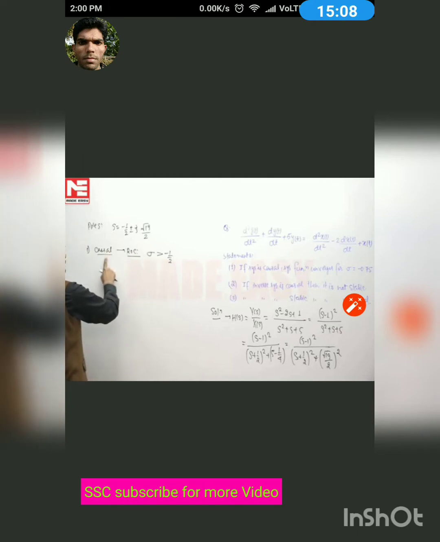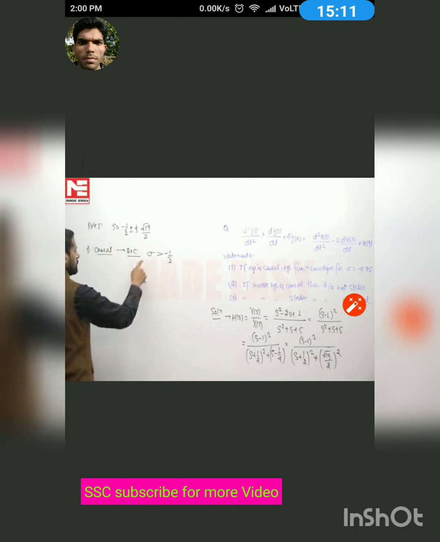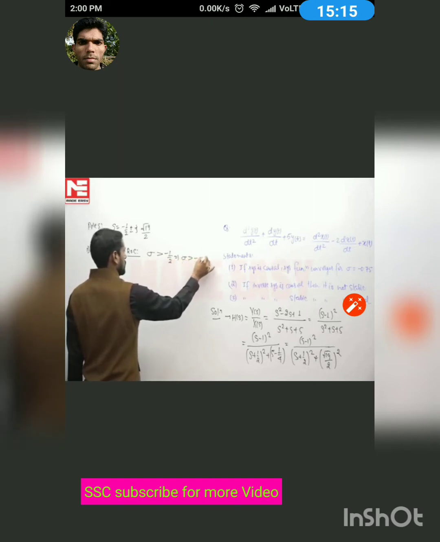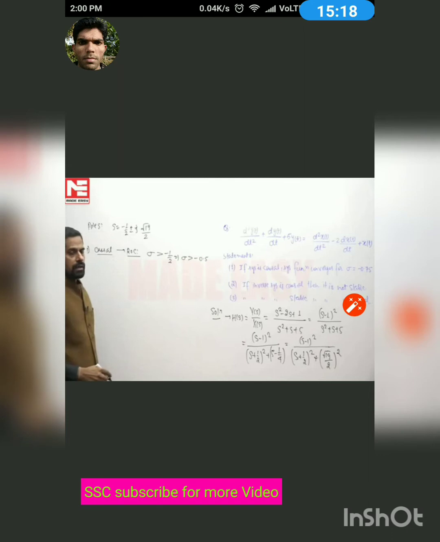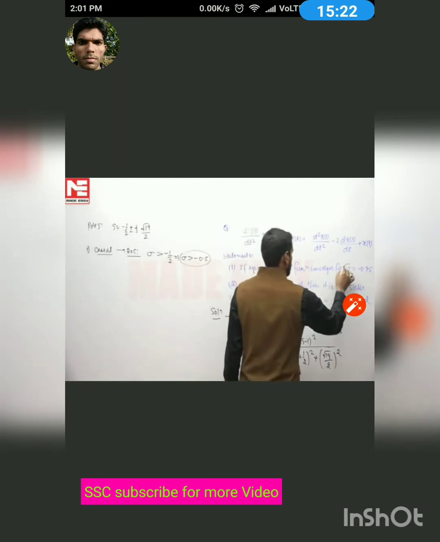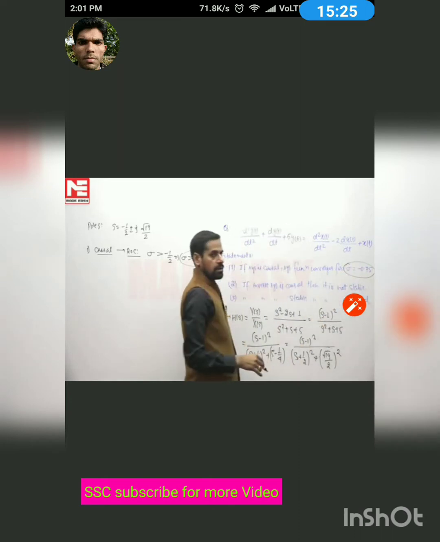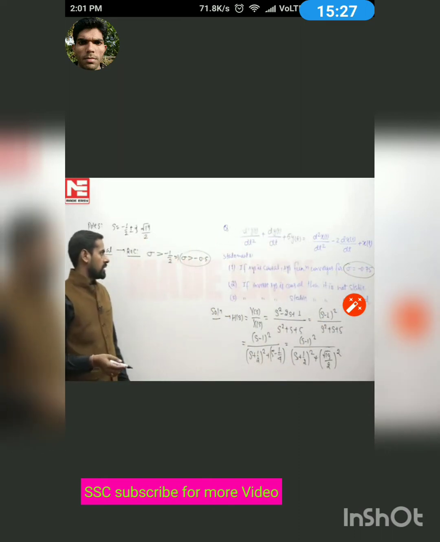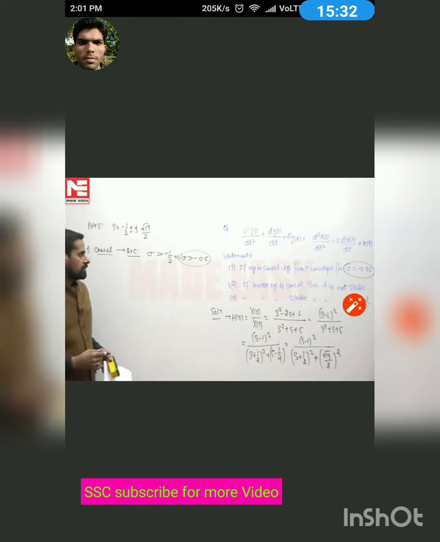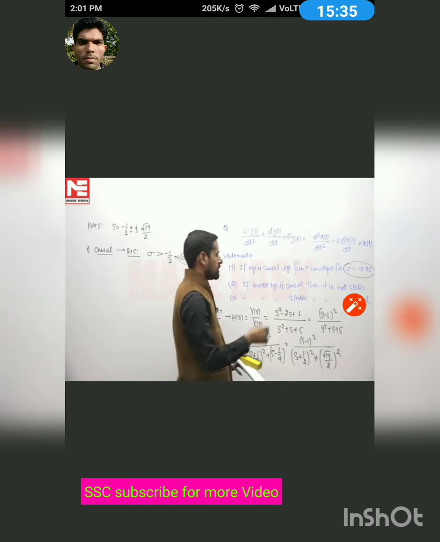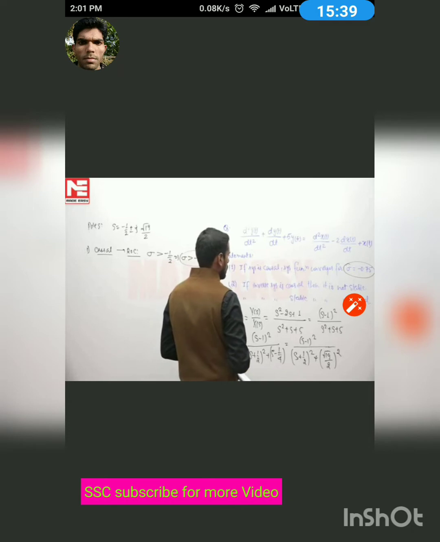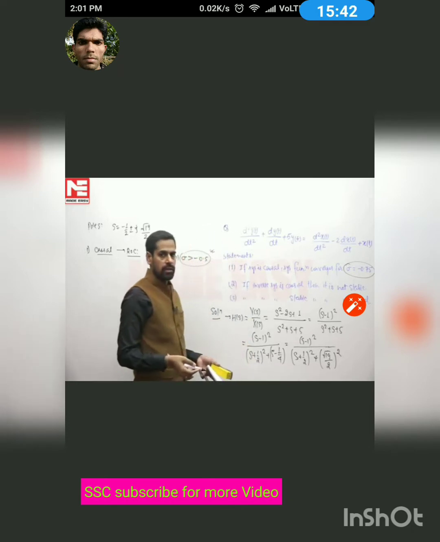Since the given system is causal, the ROC will be right-sided. We can write down the ROC in this form: sigma should be greater than minus 0.5. Now, in this ROC, the given value of sigma is not included. As we know, the transform converges only if the value is in the ROC, and since the given value of sigma is not included in the range of the ROC, the transform will not converge.